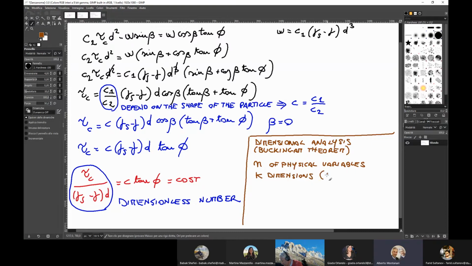The dimension examples are length, time, mass, for example. Then the Buckingham theorem says that the process can be described in terms of a set P equal to n minus k of what? Of dimensionless numbers.